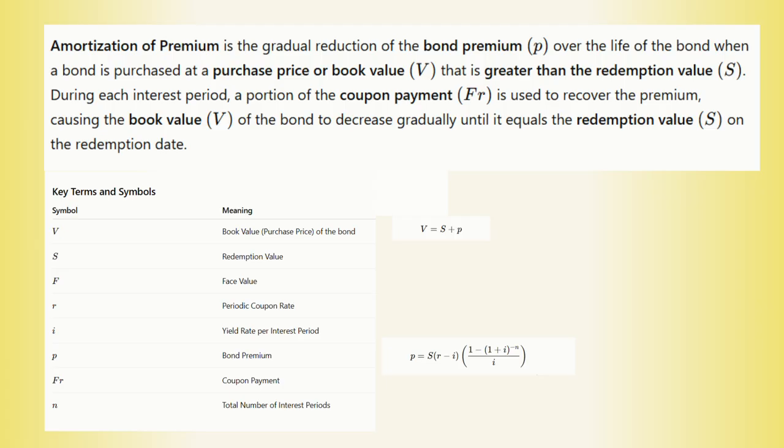Now, key symbols. V is the book value of the bond. We can get the book value by V is equal to S plus P, where S is the redemption value, P is the bond premium, and F is the face value, R is the periodic coupon rate, I is the yield rate per interest period, FR is the coupon payment, and N is the total number of interest periods.